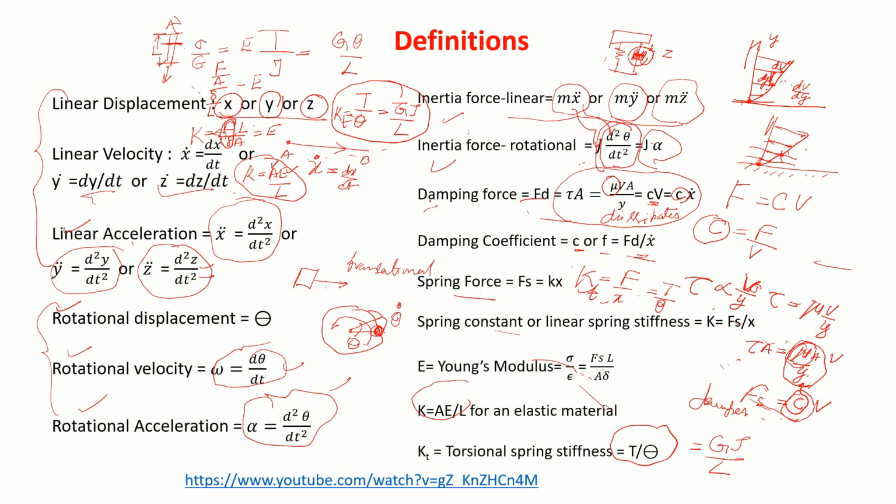Then what is damping force? So again, for a rotational system, damping force can be written as damping coefficient into angular velocity. Now I have explained what is spring force, what is spring constant, all these things. These are all necessary while modeling mechanical systems.